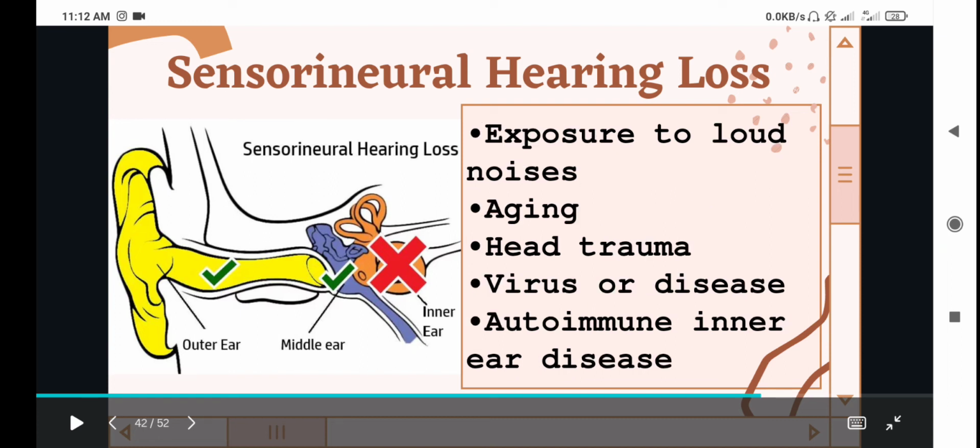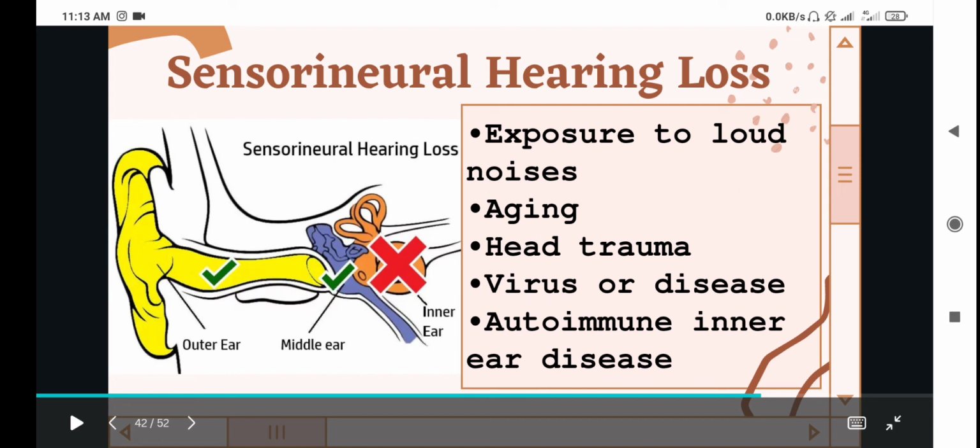Sensory neural loss is the most common type of hearing loss. It can be a result of aging, exposure to loud noises, injury, disease, certain drugs, or an inherited condition. This type of hearing loss is typically not medically or surgically treatable. However, many people with this type of loss find that hearing aids can be beneficial.